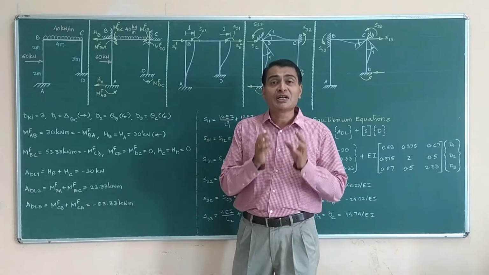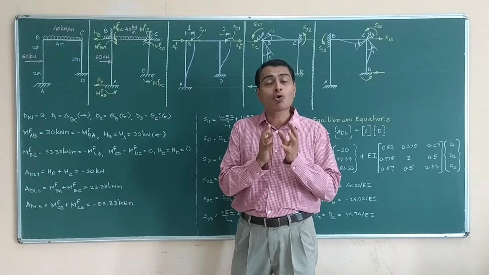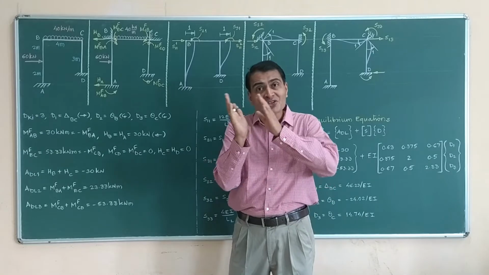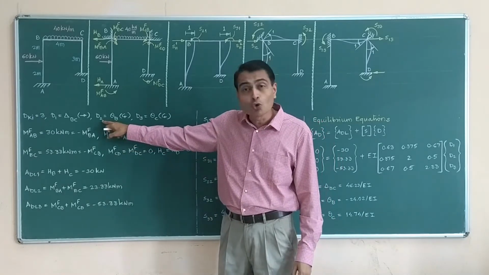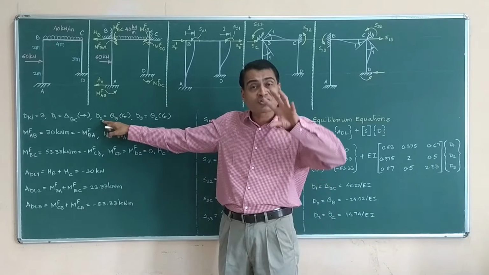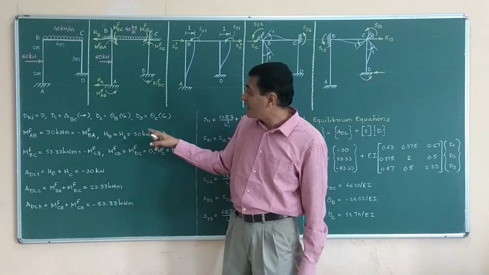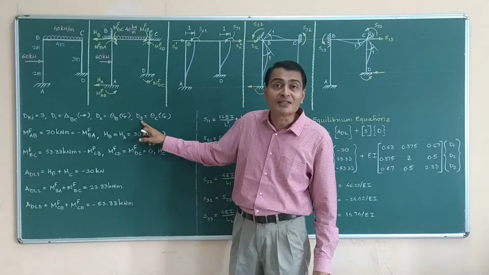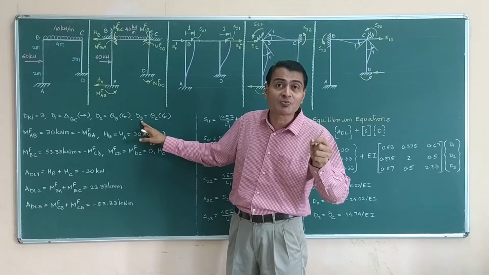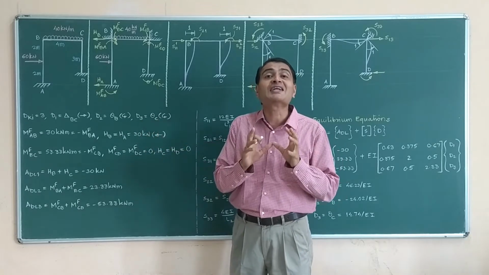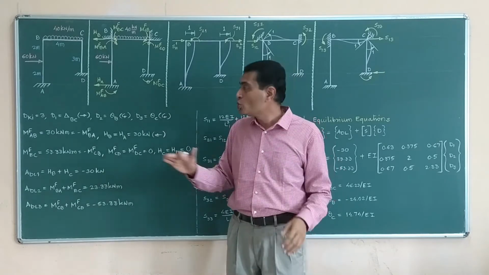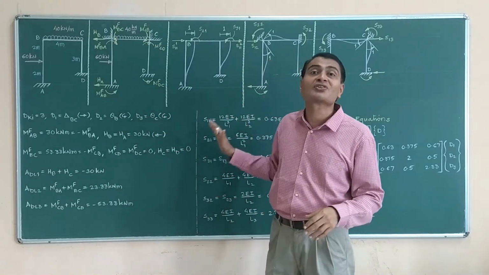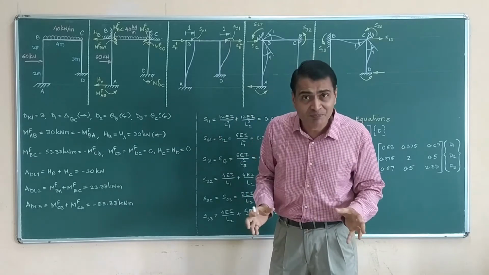I repeat, D1, when I am talking about 1, my focus is the sway of beam BC. When I am talking about D2, my focus is rotation at B point. And when I am talking about D3, that is node 3, displacement, it is rotation at C point. Please bear this well in mind so that we will understand the further things precisely.